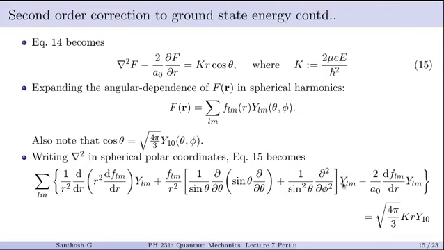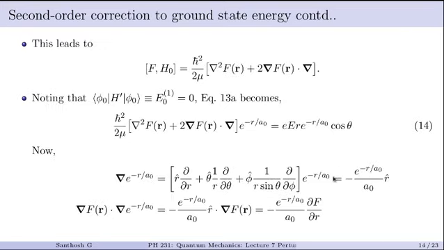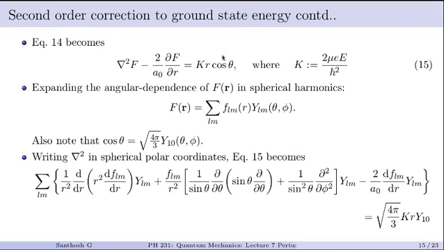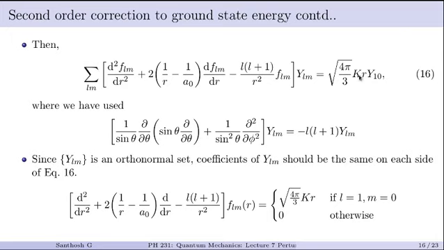So Y lm comes out as a common factor, and therefore we can write this expression as equation number 16, where I have taken Y lm outside the square brackets, and all the terms within the square brackets depend only on the radial coordinate r. On the right hand side you have this cos theta factor, which is in fact proportional to Y 1 0, and I can write that as square root of 4 pi by 3 k r times Y 1 0.